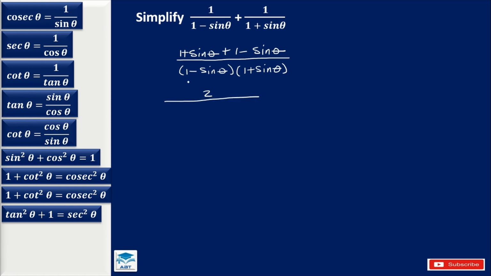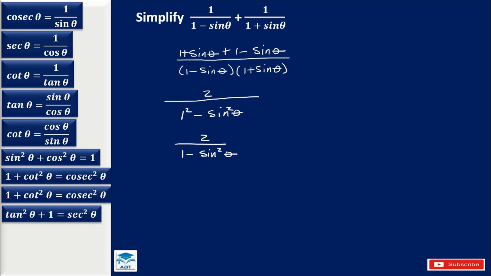At the denominator, 1 minus sine theta times 1 plus sine theta is difference of 2 squares. If we expand and simplify, we will arrive at 1 squared minus sine theta squared. That is sine squared theta. So we have 2 divided by 1 minus sine squared theta.